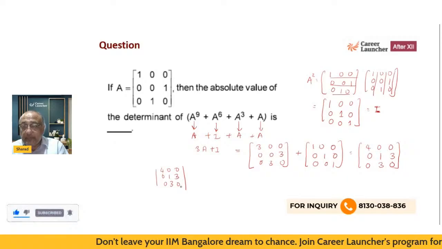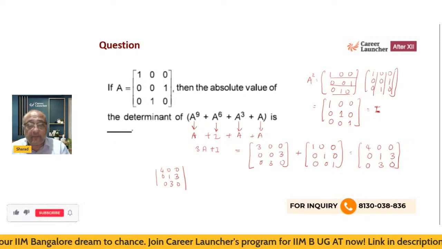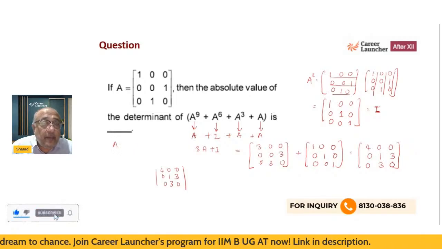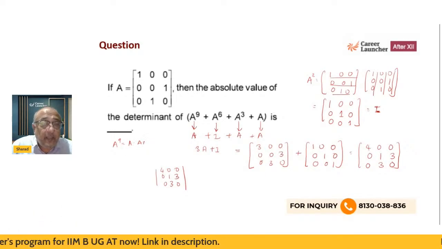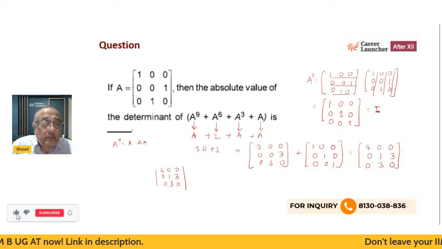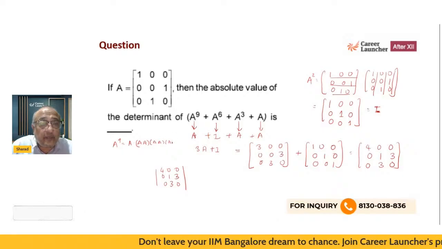Sir, can you please explain how you write A raised to power 9 is equal to A? Yes, Tanvi. A raised to the power 9 can be written as A into A raised to the power 8, or A square. How many terms of A square will come? 4 terms.